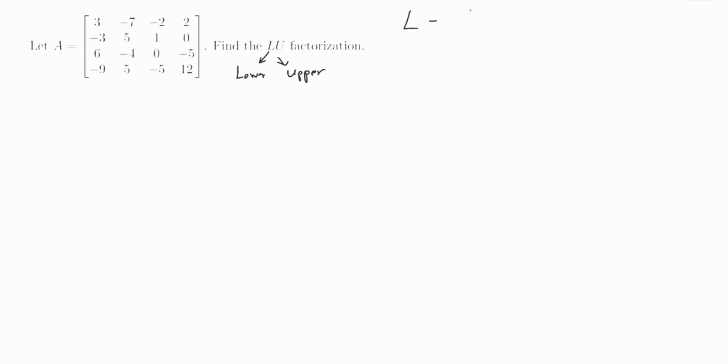Now, L, every time we'll do it, is always square.